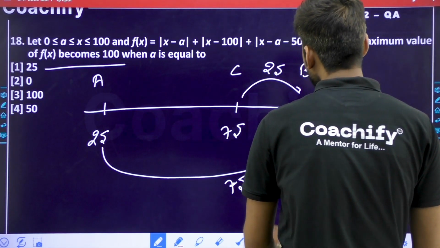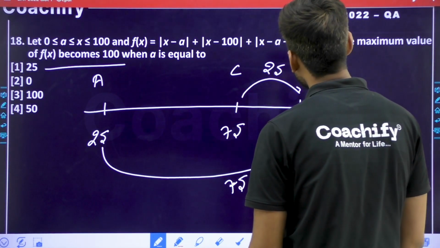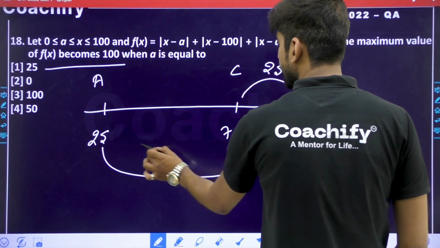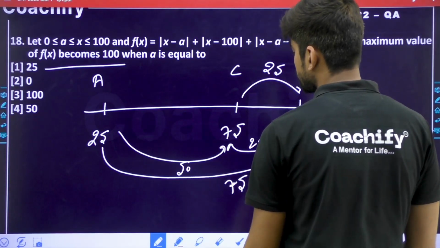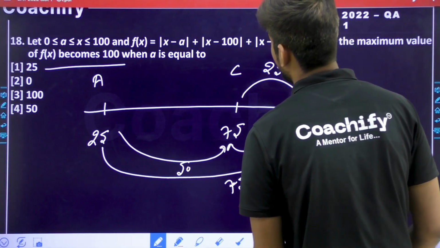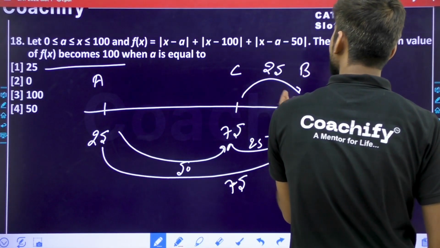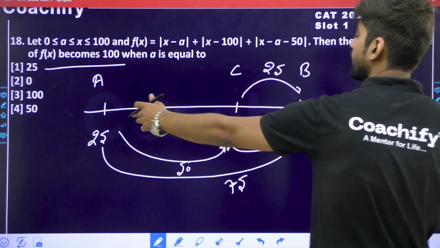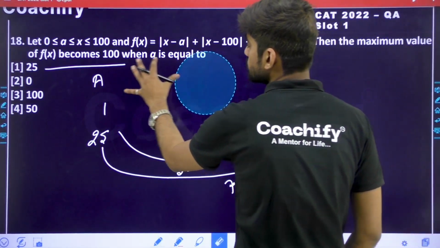At the same time, if B travels and meets C at 75, this distance is going to be 25, and for him this distance is going to be 50. So this is coming out as 75, not as 100. That means at this extreme point, this value is giving me the result as 100, but not at any point in between. Okay, let's compare the other options as well.